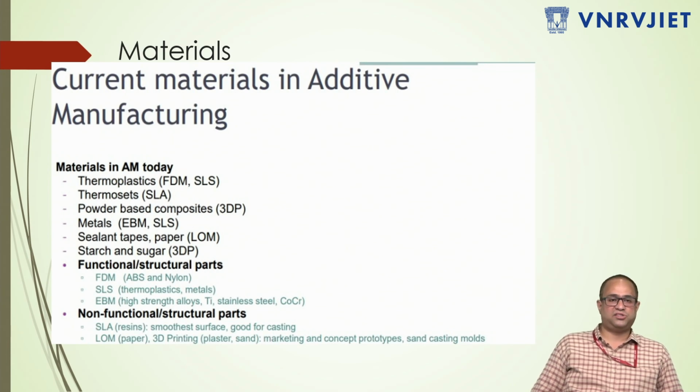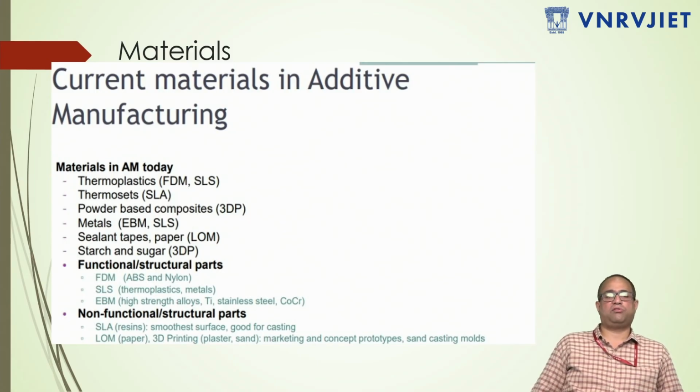In the case of metals, you can use electron beam melting and selective laser sintering. Also sealant tapes and paper, which come under decorative purposes and are used for making molds, are used by laminated object manufacturing, and starch and sugar are used by binder jetting.